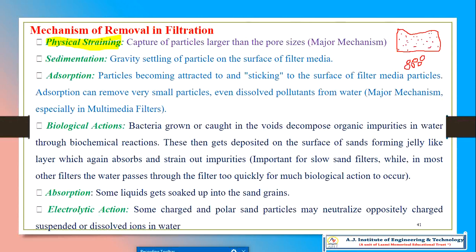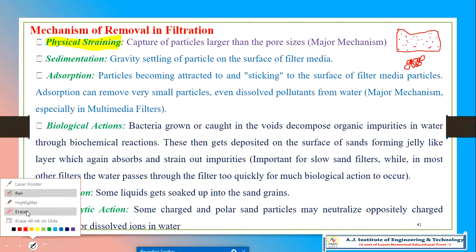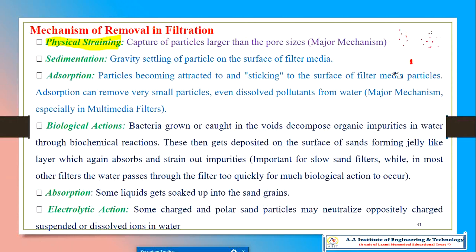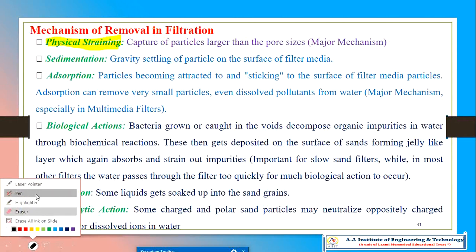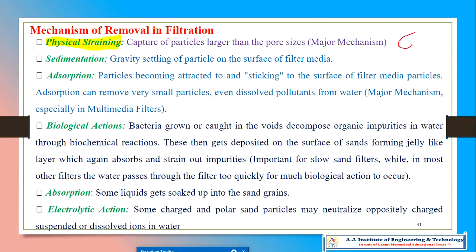Where there is a pore opening, the particle will be settled here, and here the particle will remain. Only water will pass. That is the mechanism involved in filtration. Very simple. This is a natural process happening. We are not doing much technical work here. We are just allowing the water to go through. That's all.